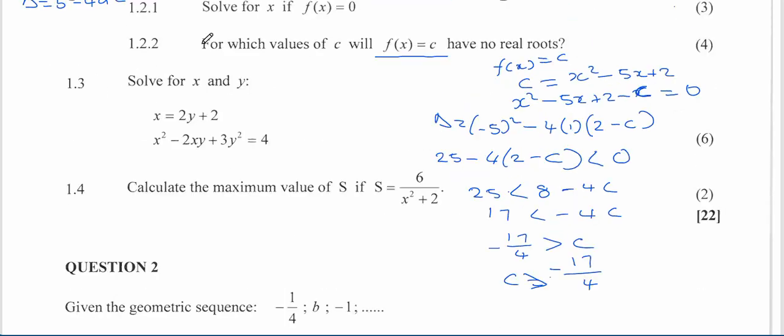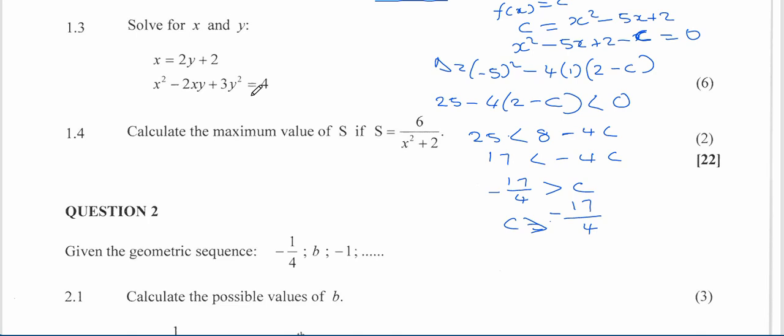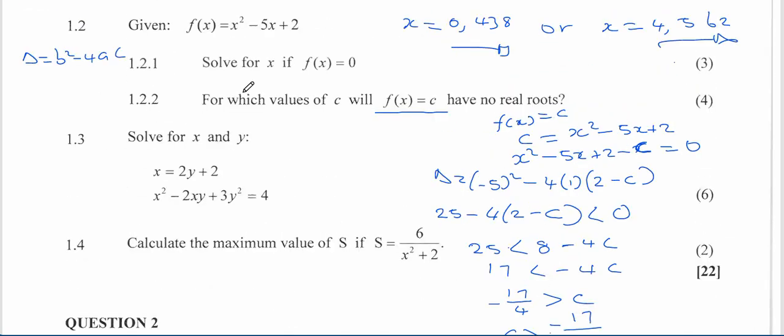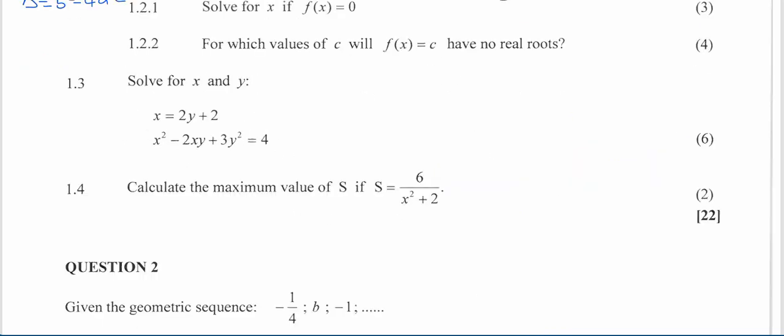So here we'll be having our solve for x and y simultaneously equations. Let me try to erase this. So here we have our equation. Let's name this equation 1 and this is our equation 2.